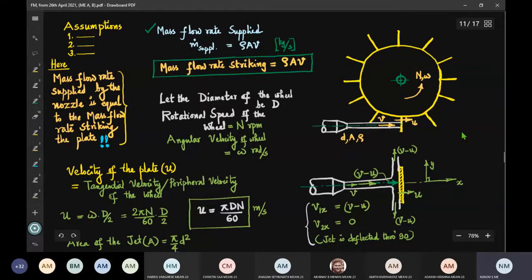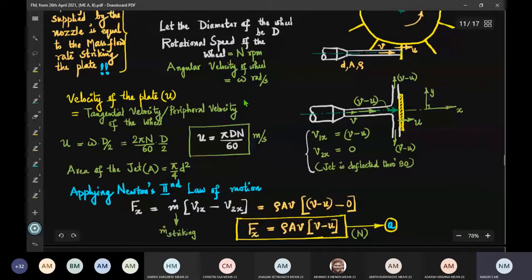Even though the vane is moving, the rotational speed of the wheel in RPM is n, let it be, and angular velocity is omega. You know how omega and rotational speed are related. Omega is in radians per second, that is angular velocity, and the wheel rotates in the anti-clockwise direction, and omega is equal to 2 pi n by 60, where n is in RPM.